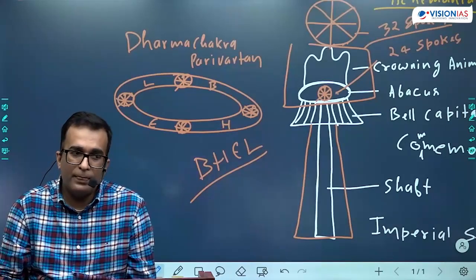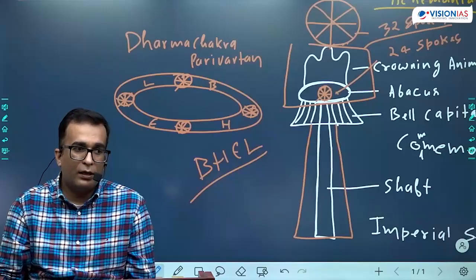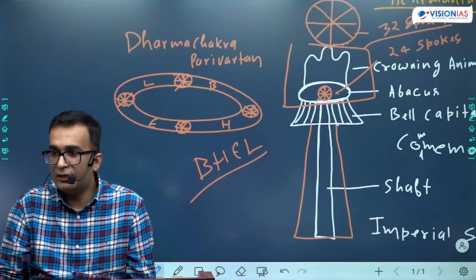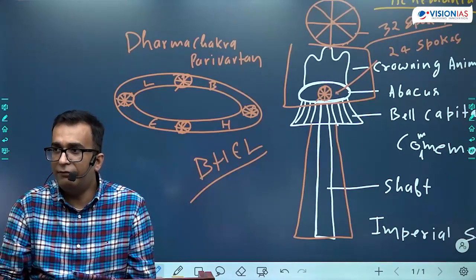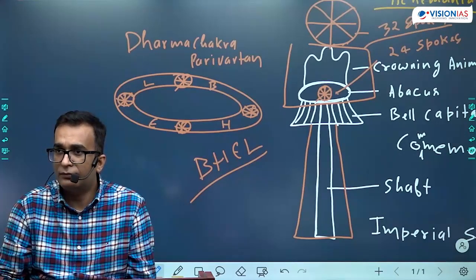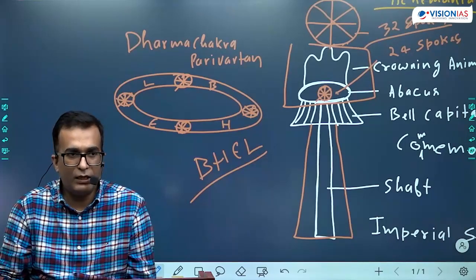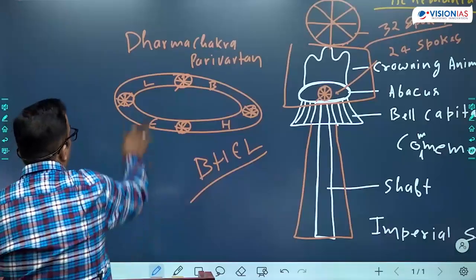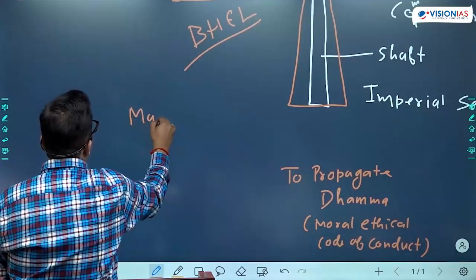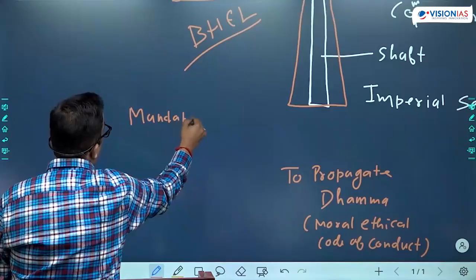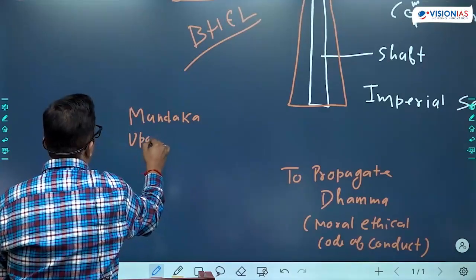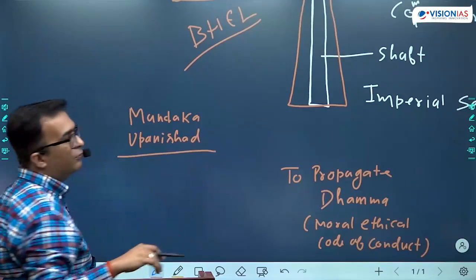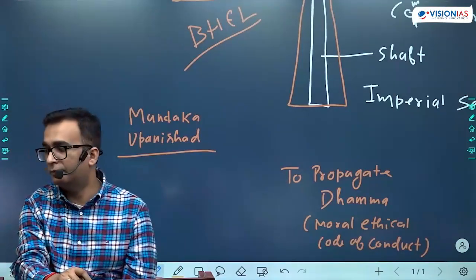So write that Satyameva Jayate, taken from Mundak Upanishad, was adopted as the motto with the national emblem.